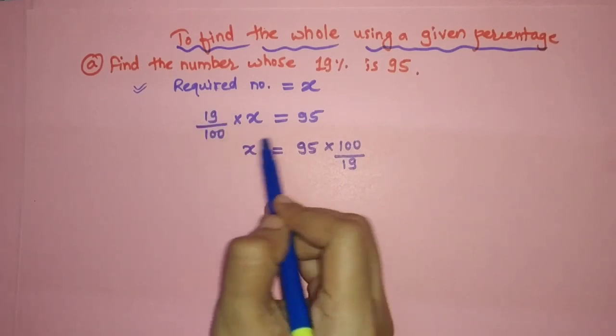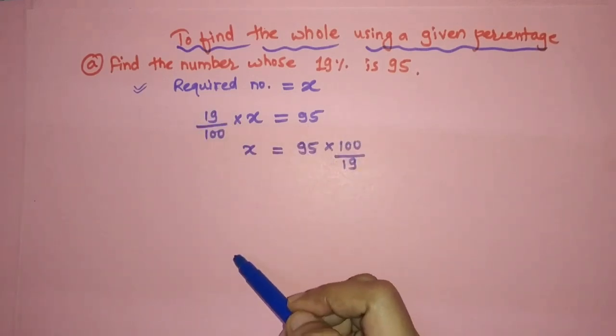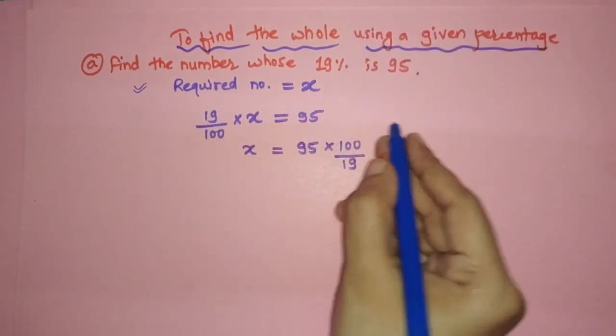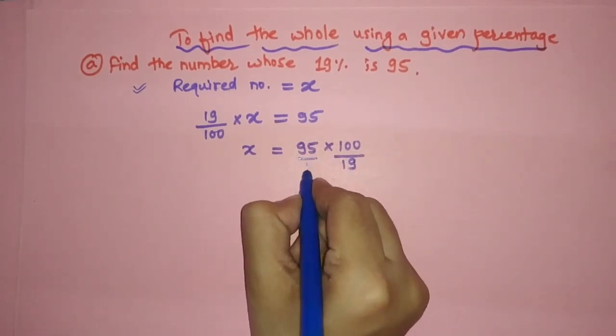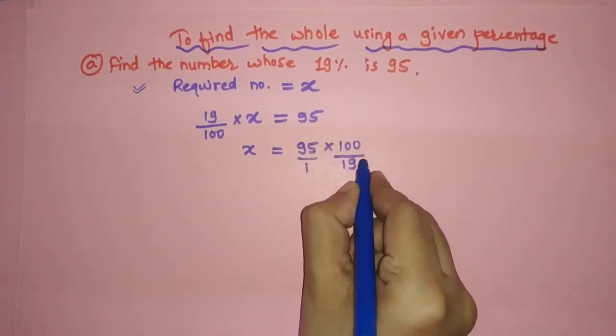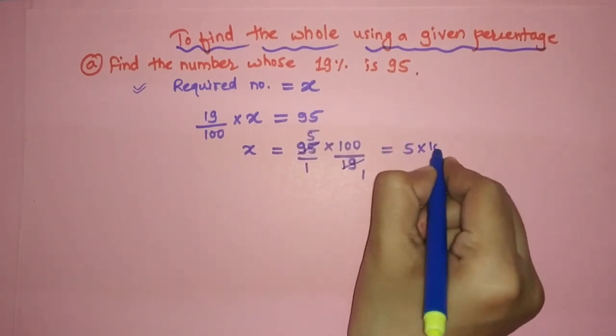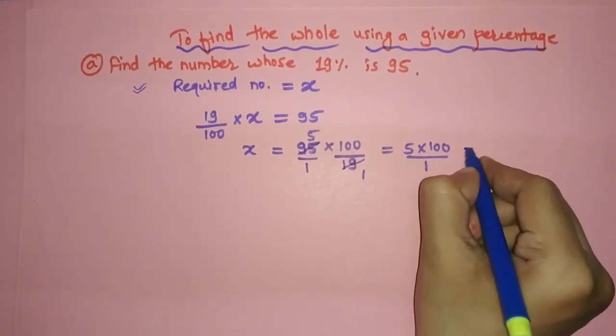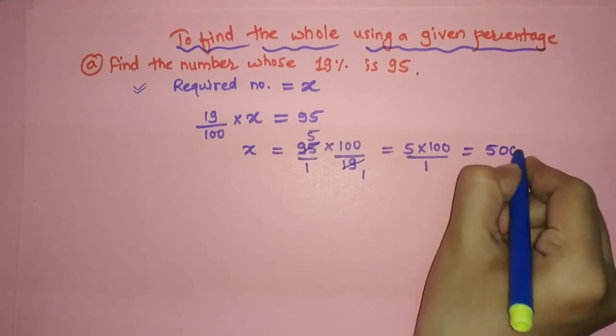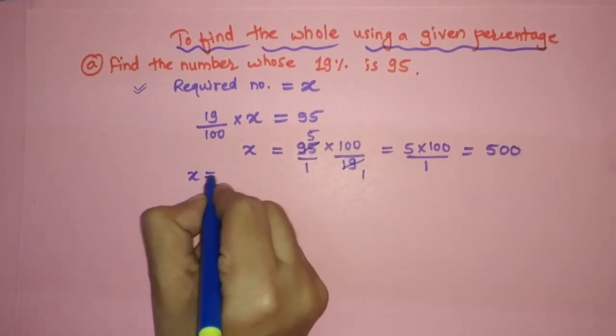We flip that and send it, so you can take 95 by 1. 19 ones are 19, and 19 fives are 95, you can cut, and you'll get 5 multiplied by 100, with 1 in the denominator. So friends, we get the actual value, that is x is 500.